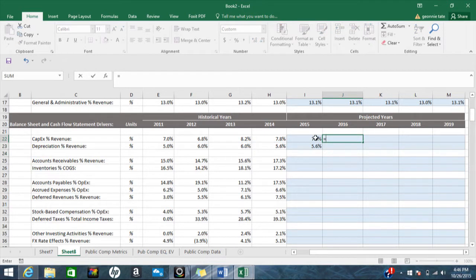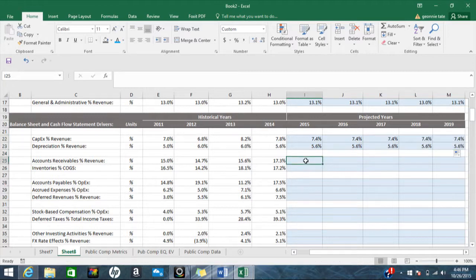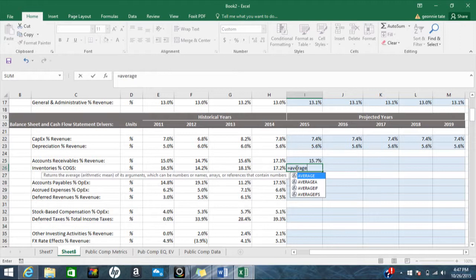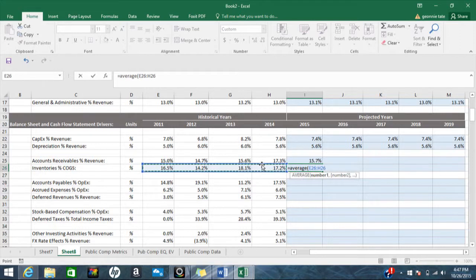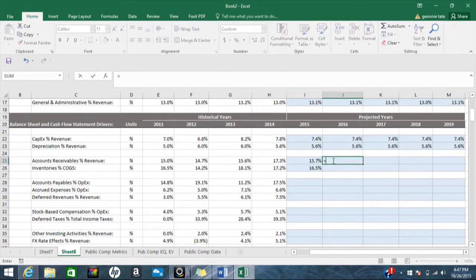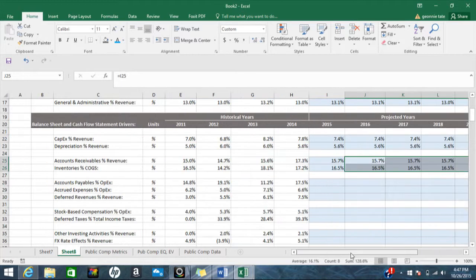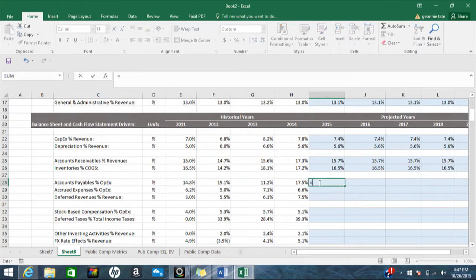I'm going to copy these over. And all I'm doing is just taking the averages of all of the previous periods and copying the formula over.